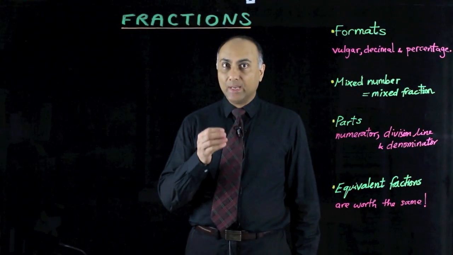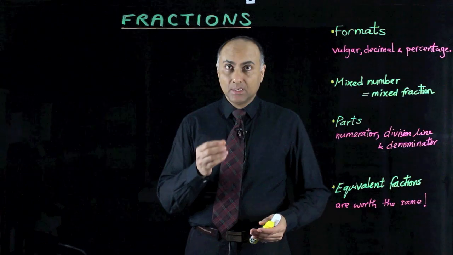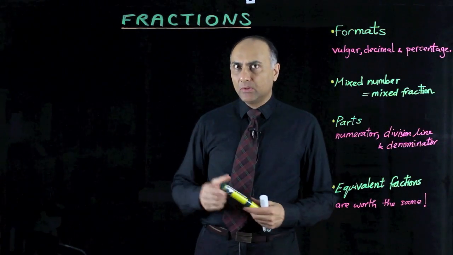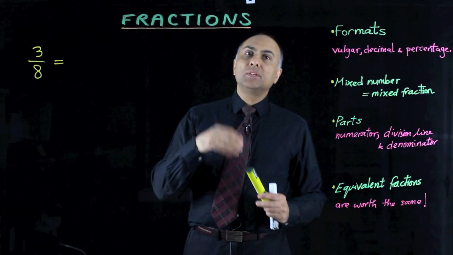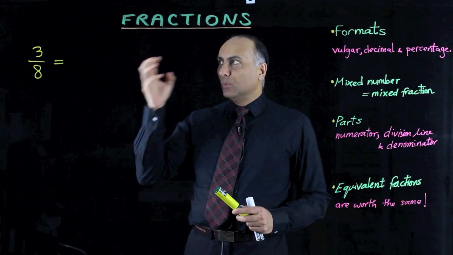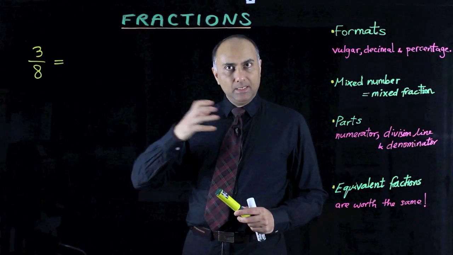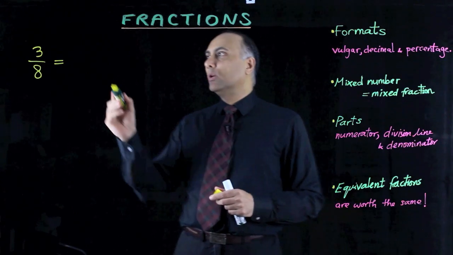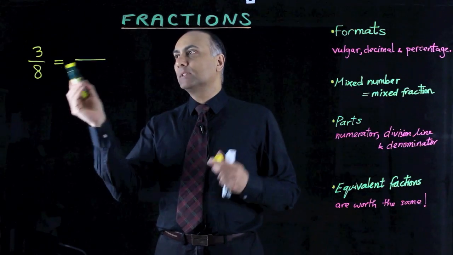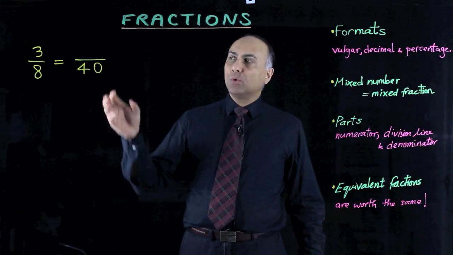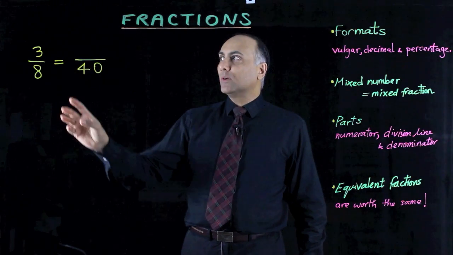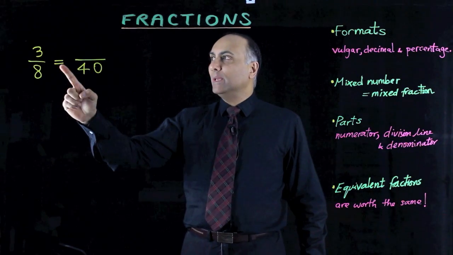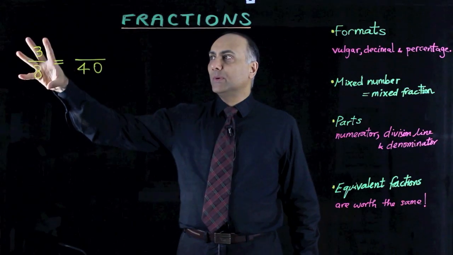Let's take a look now at making equivalent fractions. We'll begin again with 3/8. Supposing we wanted to make a fraction which is equal to 3/8, i.e. it is worth the same as 3/8, but we want the denominator to be, say, 40. So the question is, what should the numerator be in order for this fraction to be equivalent to 3/8.